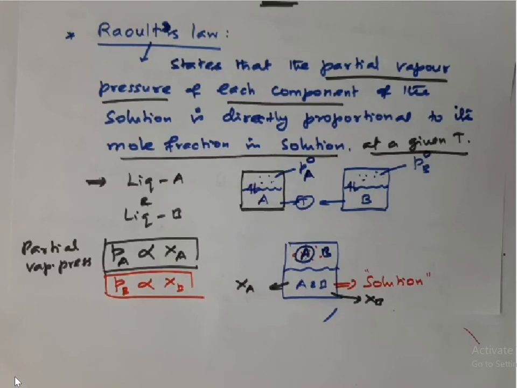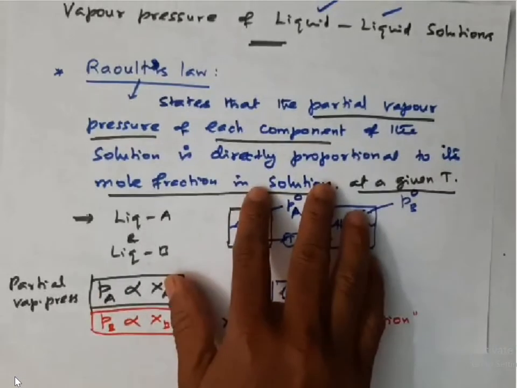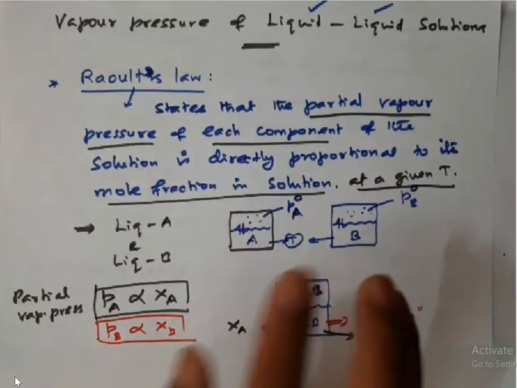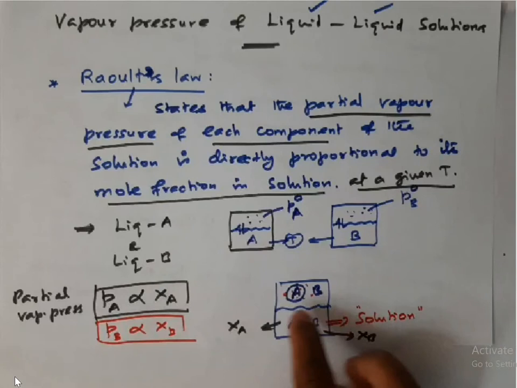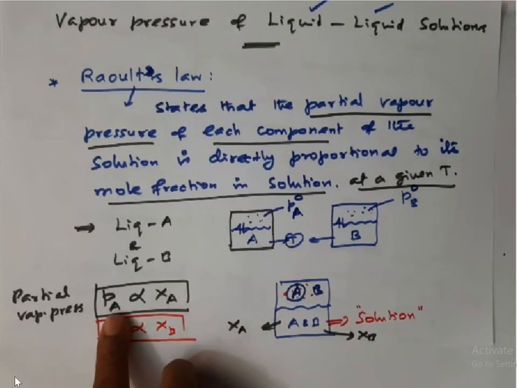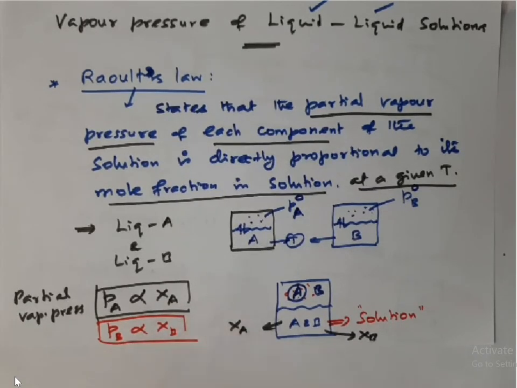We'll apply Raoult's law for solutions. So here I have taken a liquid solution. Liquid means both A and B are liquids. Both solute and solvent are liquids, and they form a solution. In that solution, partial pressure of A is directly proportional to mole fraction of A, and partial pressure of B is directly proportional to mole fraction of B.